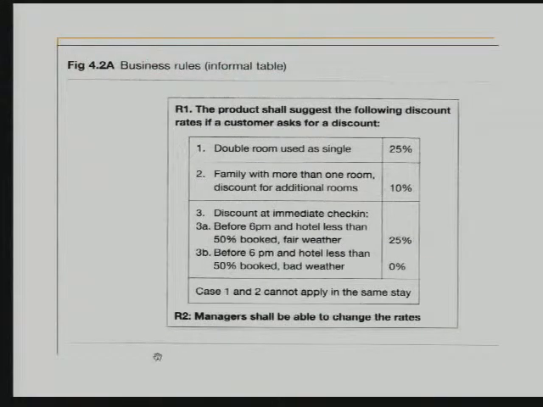So here's a case where this requirement, R1: the product shall suggest the following discount rates if a customer asks for a discount. Well, if the double room is used as a single, then the manager can give a 25% discount.